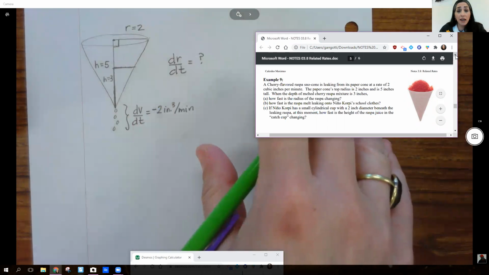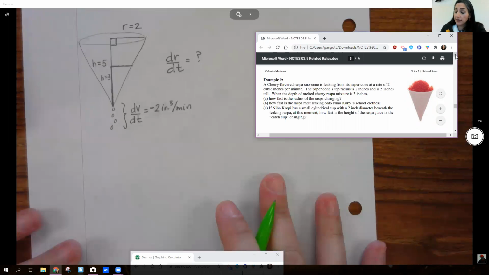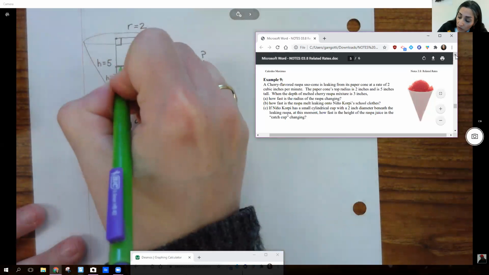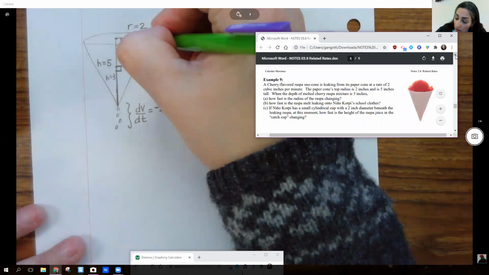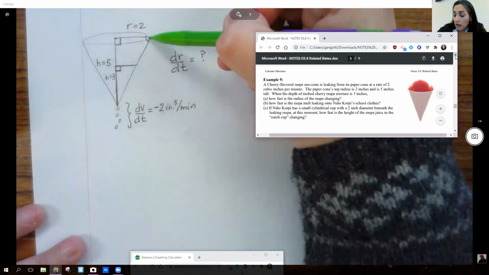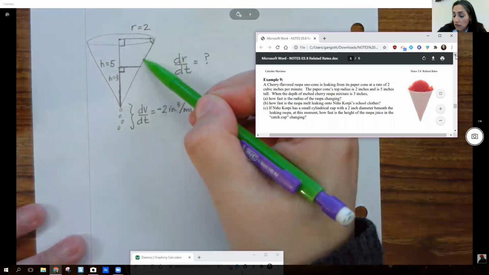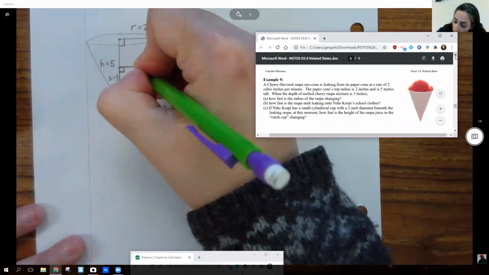You want to set up something else that uses fewer variables. And so the only other thing that we could use would be similar triangles. So bringing you back to some of your geometry again. If that's a right angle right here, this is also a right angle. This angle up here, between the top of the cone and the slanty side of the cone, is going to be the same as this angle right here.